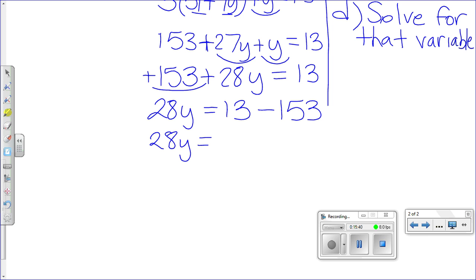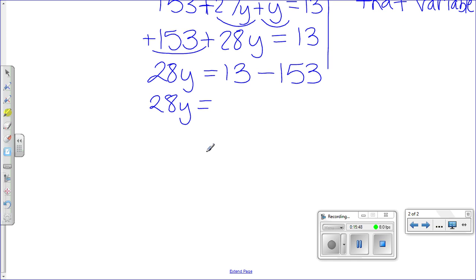So now we have 28y equals 13 minus 153. Remember, when you have two numbers with opposite signs, you get the difference between them, and we keep the sign of the number with the biggest absolute value, which in this case will be the negative, correct? So then 153 minus 13, that is 140, negative 140, thank you. And now, what is the 28 doing to the y? Divide.